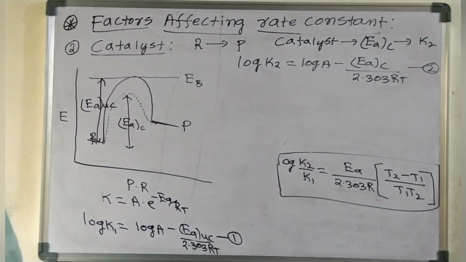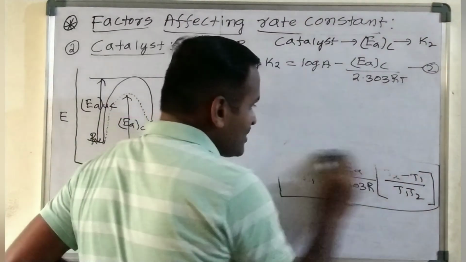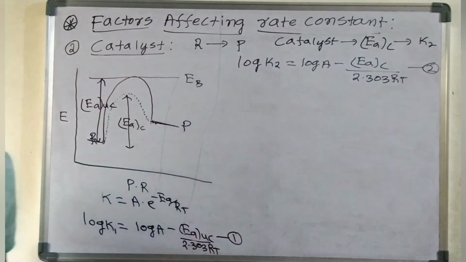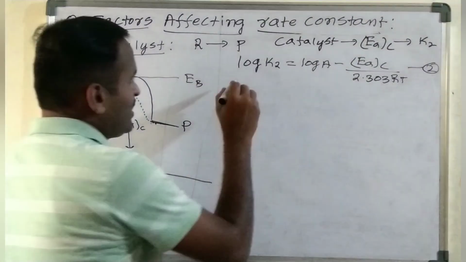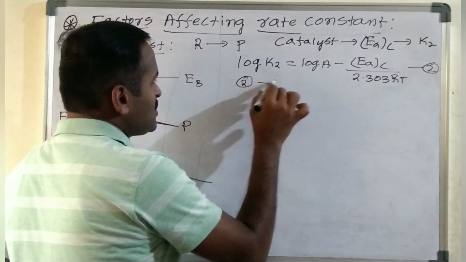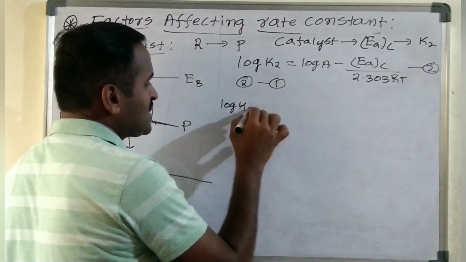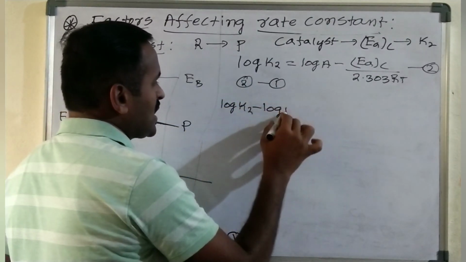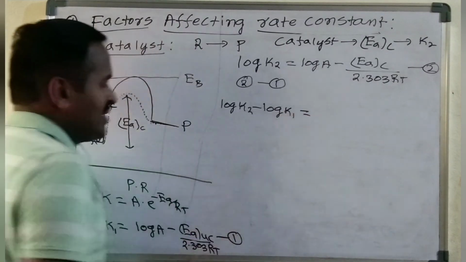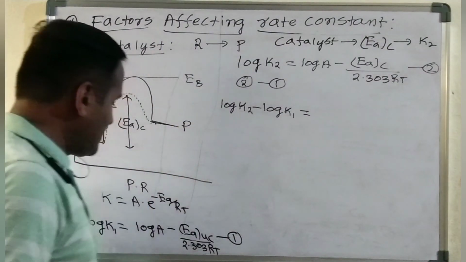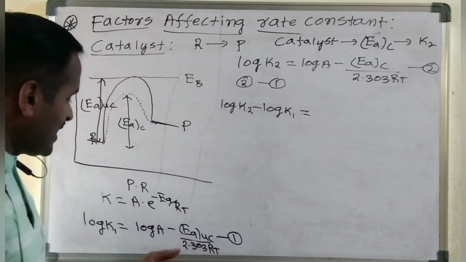Now subtract equation 1 from equation 2, that is, equation 2 minus 1. I can write log K2 minus log K1, and whenever we do log K2 minus log K1 on the left-hand side, the log A gets cancelled here.